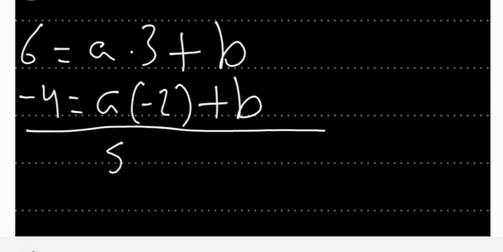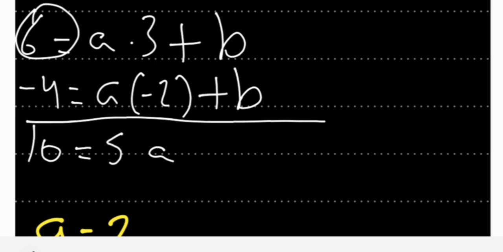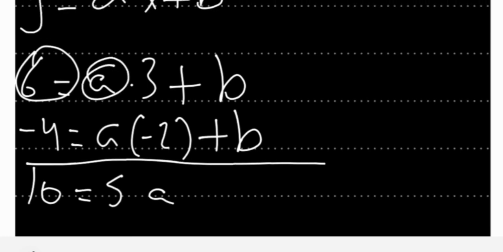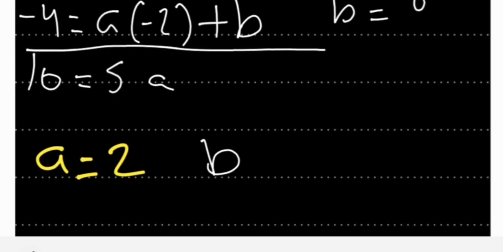So 5a is equal to 6 minus -4, which is 10, so a is equal to 2, okay? So what about b? Well, let's put a over here. So a is 2, right? So we will have that 6 = 2 × 3 + b, so 6 = 6 + b. So 6 goes to the other side, so b equals 0.